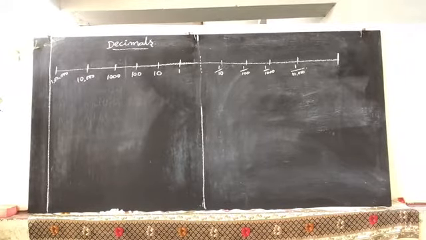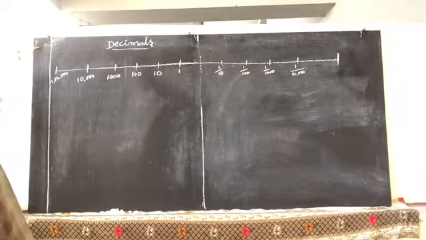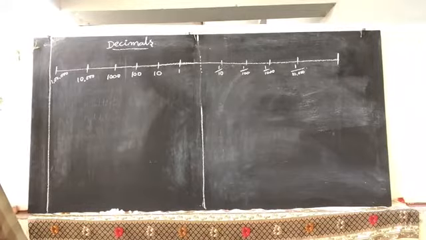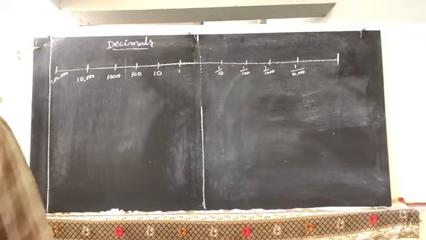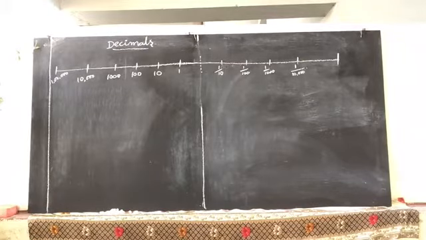So if you are coming in the reverse order, that means from 10 lakhs, what is the next lower than 10 lakhs? To get the next lower places, we should divide that place with 10.